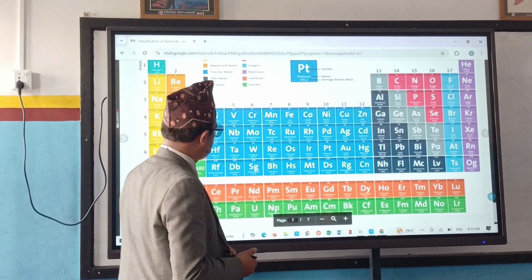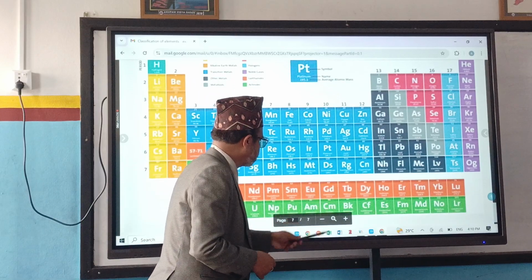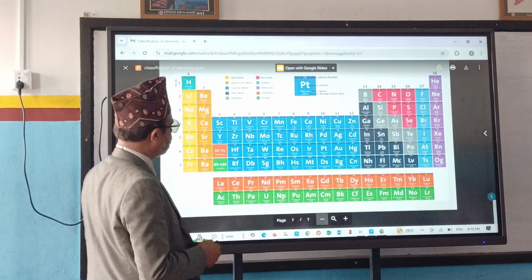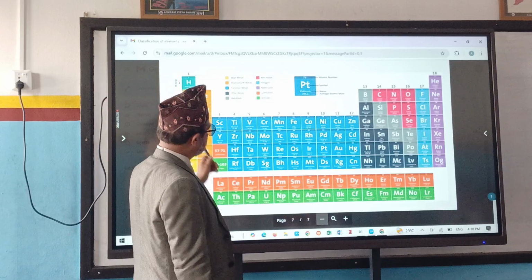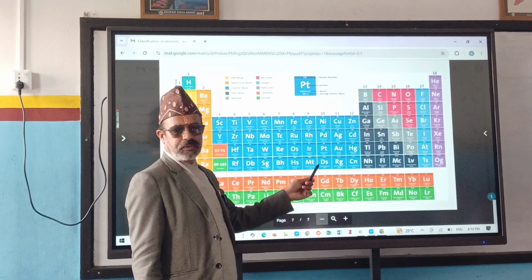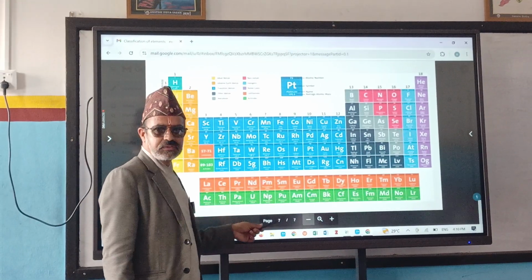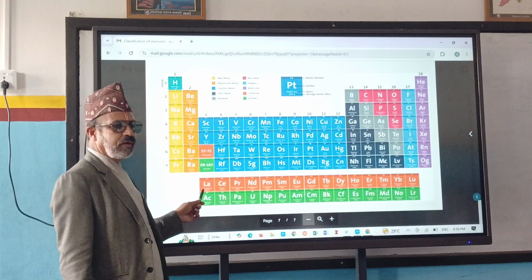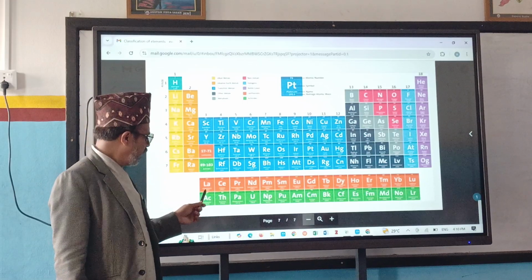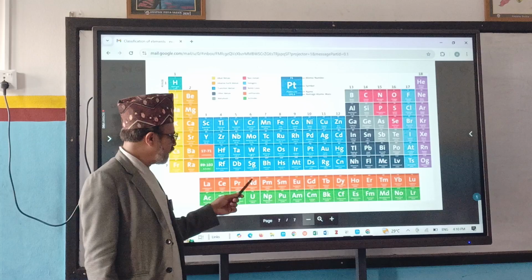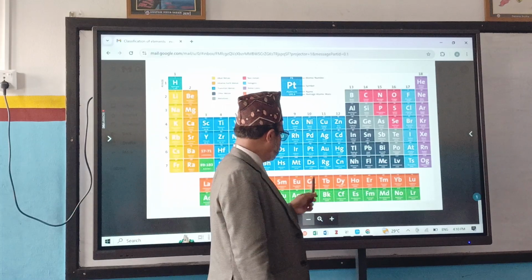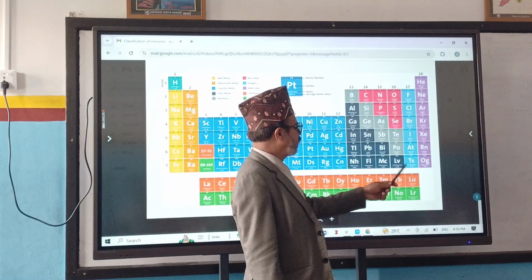This is the model periodic table, and here you can see the upper rows, upper place, and down here are some elements. What is the beginning of this row? La, Ce, Pr, Nd, Pm, Sm, Eu, Gd, Tb, up to Lu.